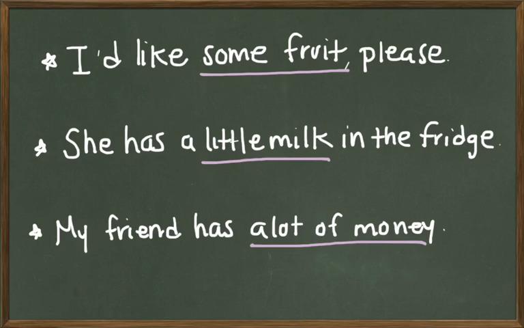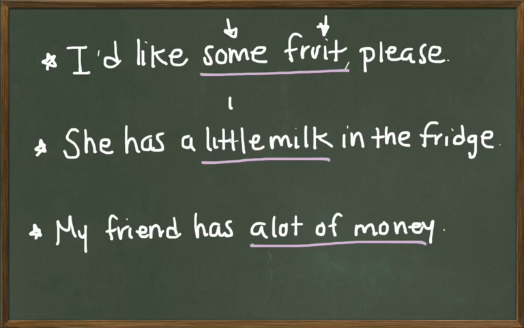I wrote some examples for you too. In the first one, I'd like some fruit, please. As you can see, you have the expression some, and we have our uncountable noun next to it. In the second example, she has a little milk in the fridge.